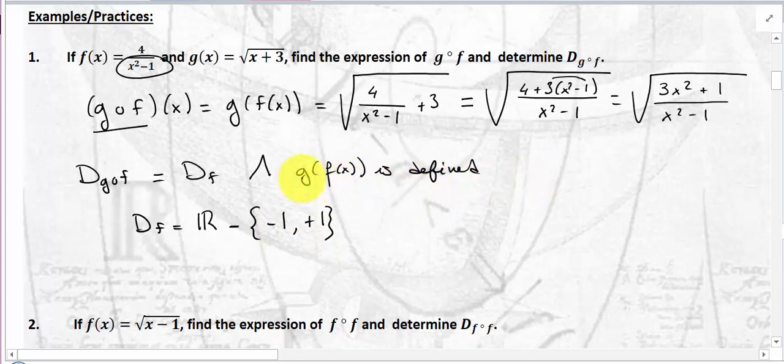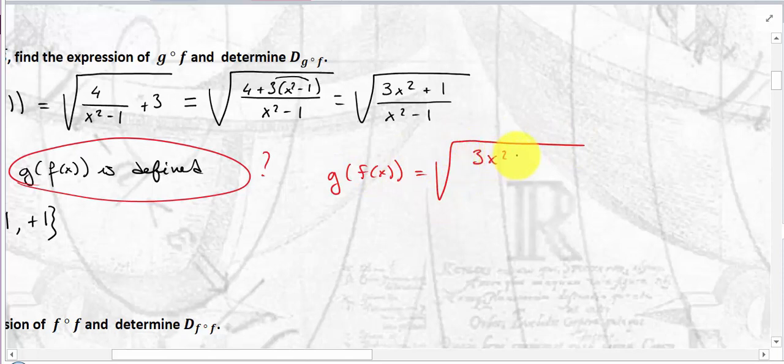Now let's understand the other condition. When is this defined? Now this is going to be a little bit more interesting. So g of f of x is equal to the square root of 3x squared plus 1 over x squared minus 1. So when is this defined?